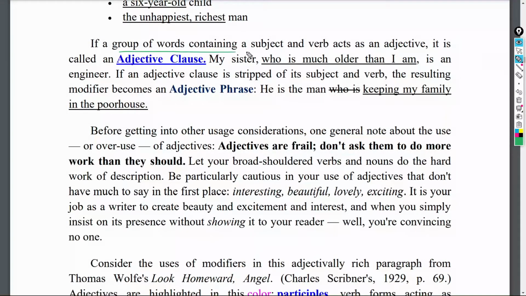If a group of words containing a subject and verb acts as an adjective, it is called an adjective clause. My sister, who is much older than I am, is an engineer.